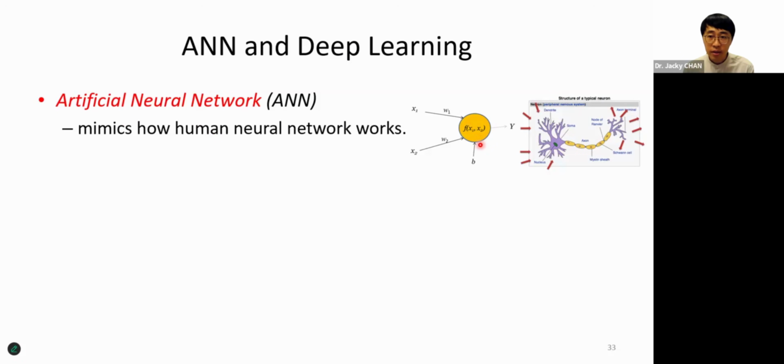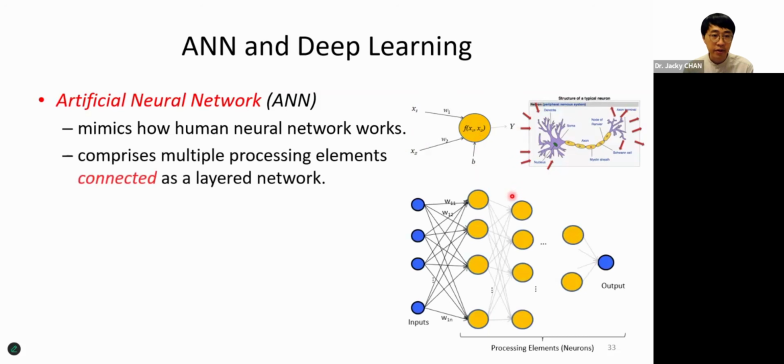It contains many artificial neurons. So this is one artificial neuron. And for an ANN, there are many neurons organized in layers. So this is the input layer, and then we have some hidden layers, and there's the output layer.